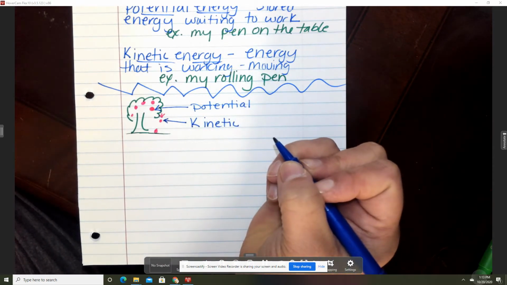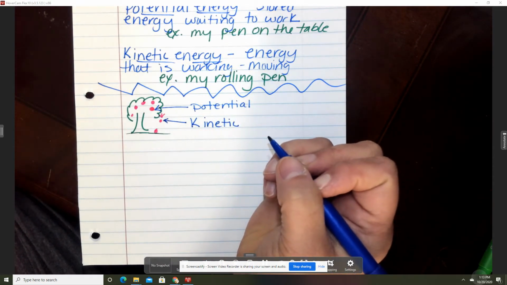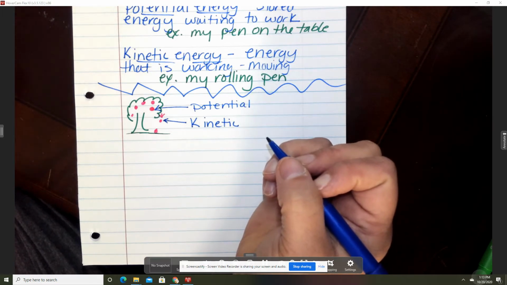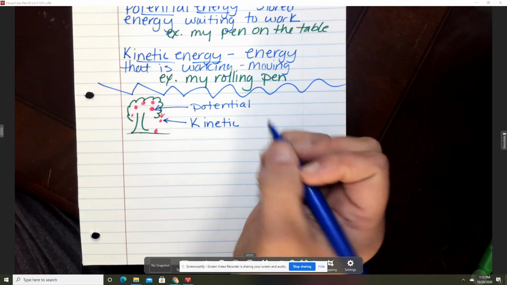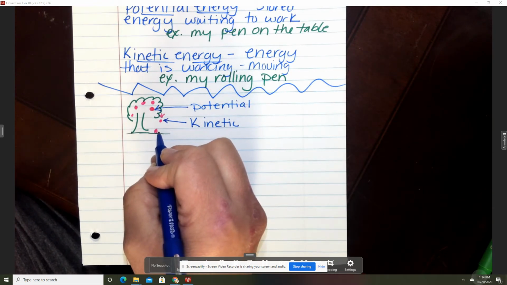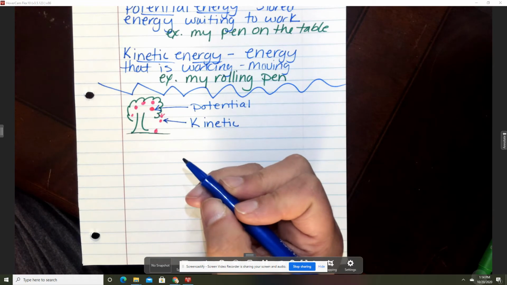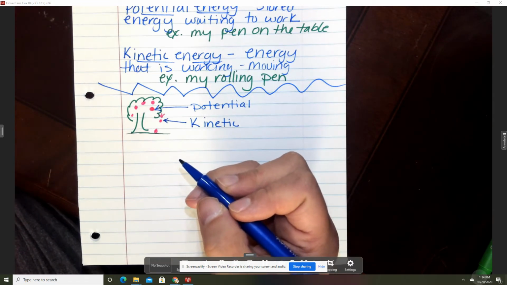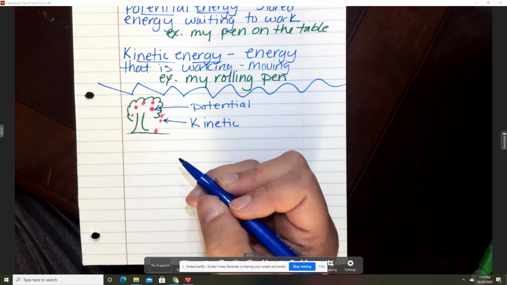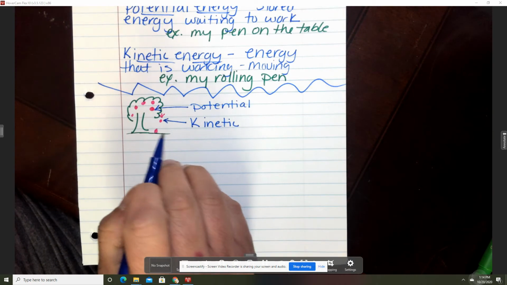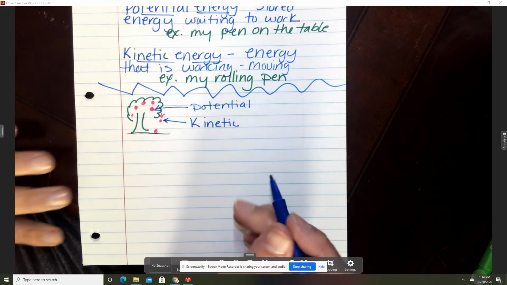He was in the tree, and he had potential. He was waiting. A big wind knocked him down, so as he's falling, he has kinetic. Once he gets to the ground, though, his energy will be potential again. He could move, maybe if the wind blew again, or if an animal or a person kicked the apple. So he's got potential energy until there's a force moved upon it.